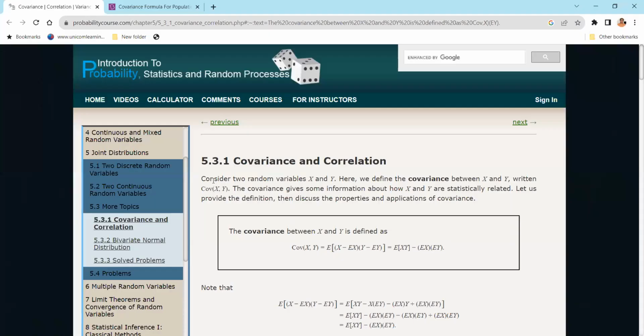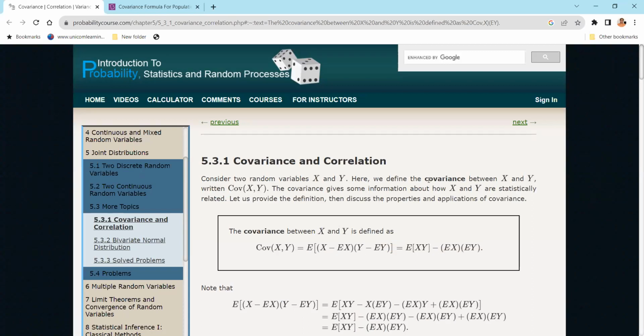Consider two random variables x and y. We define the covariance between them. Variance is on one variable. Remember, yesterday we calculated variance and standard deviation.